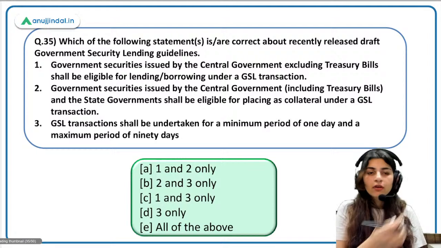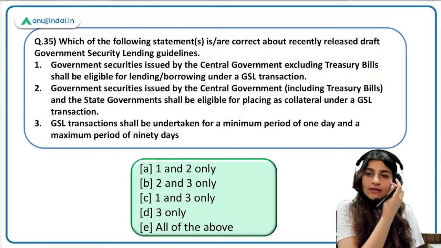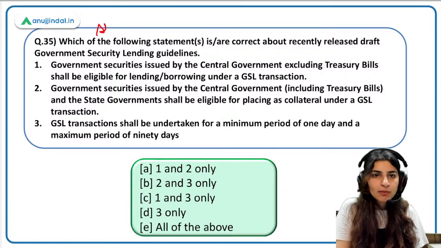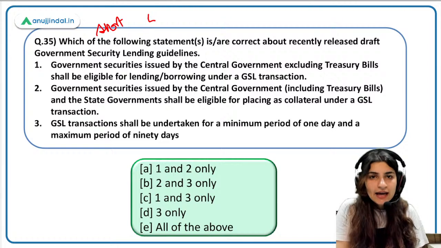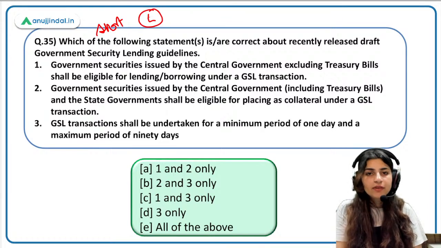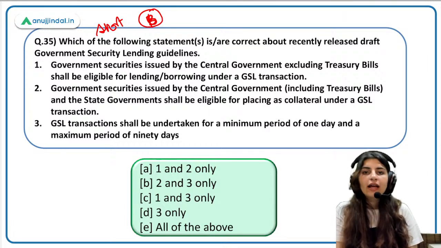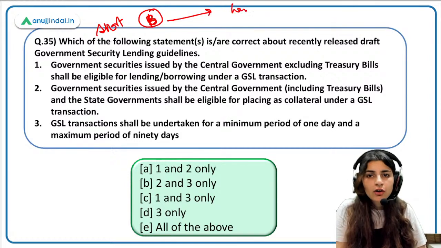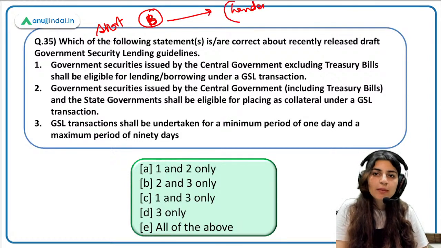Which of the following statements is correct about the recently released draft government security lending guidelines? Yes, we studied the short sale process in this. What happens is, somebody who is in need, a borrower, any bank, is in need of a long term or short term security, and there is a lender who has excess, idle securities.